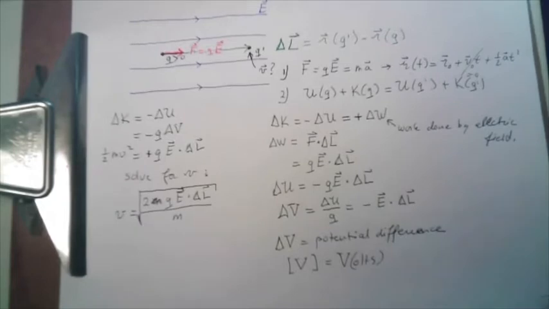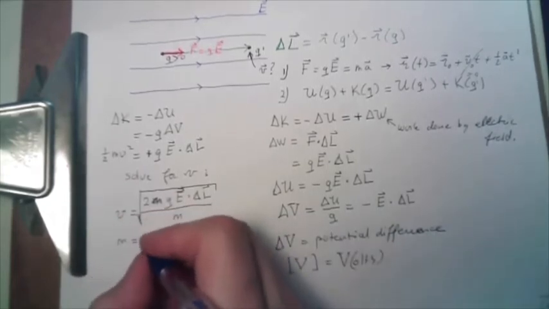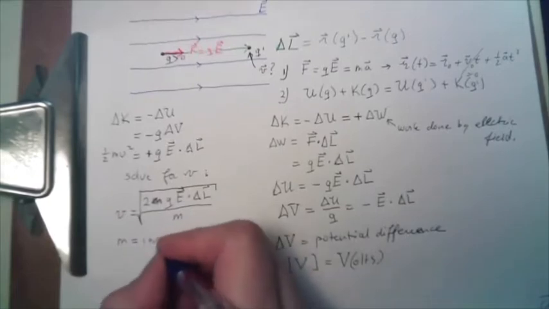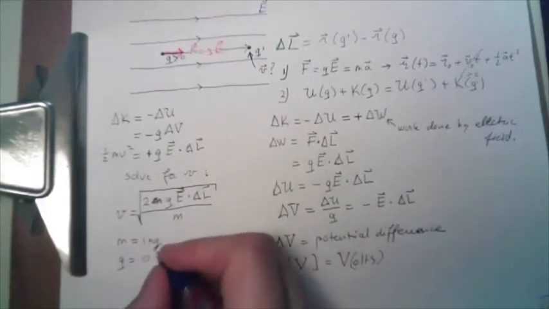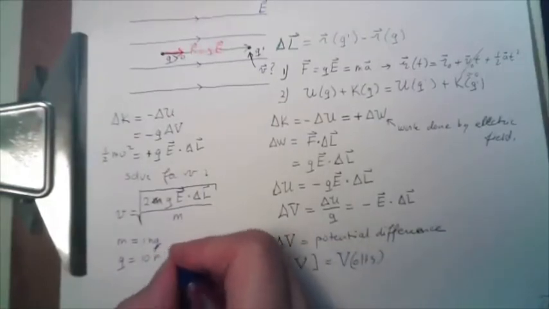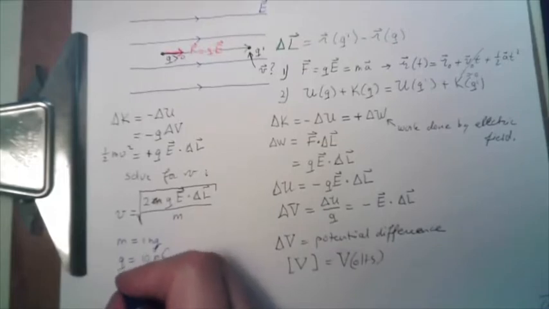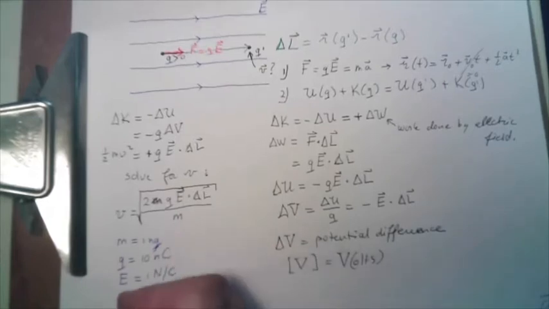So for instance, let's call this thing 1 nanogram. And let's give it a charge of 10 nanocoulombs. And let's make the electric field 1 Newton per coulomb. And let's do the path length is 1 meter.